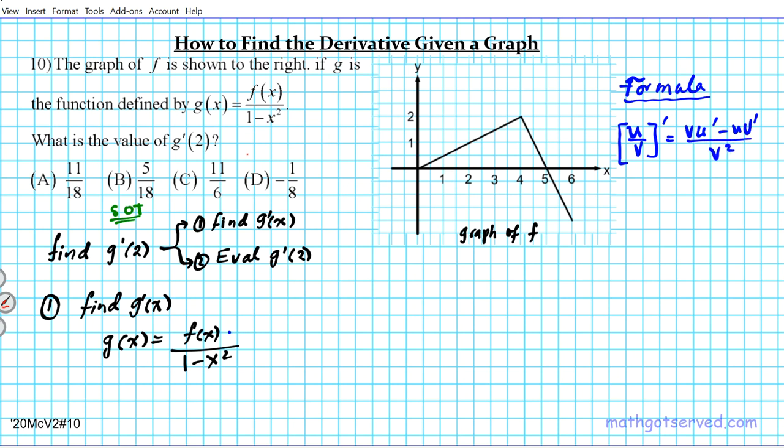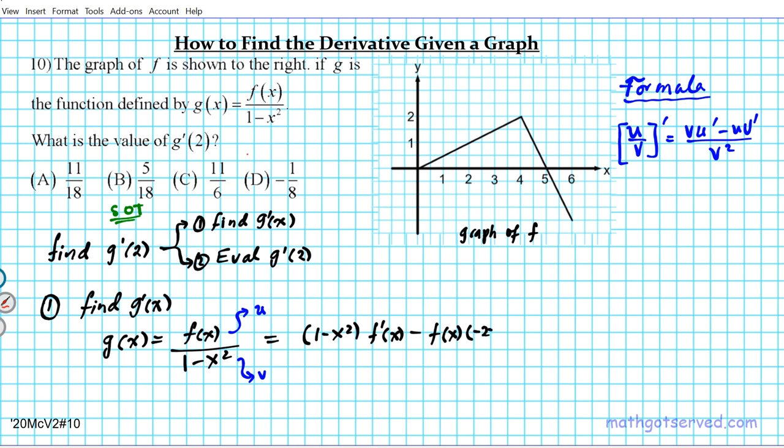There you have it. So in this case, f of x is our u and 1 minus x squared is our v. So let's apply the quotient rule. We're going to have vu prime, quantity 1 minus x squared times the derivative of f, which is f prime of x, minus uv prime, a function, times the derivative of the denominator function. Please do not forget that minus, okay?